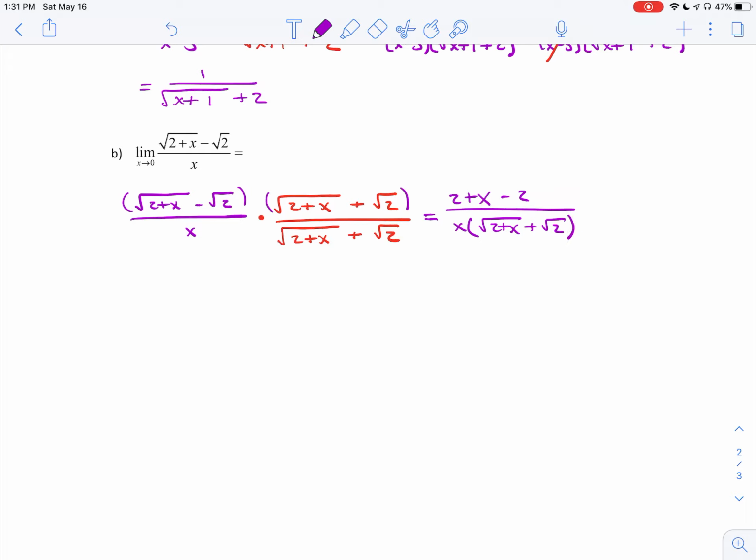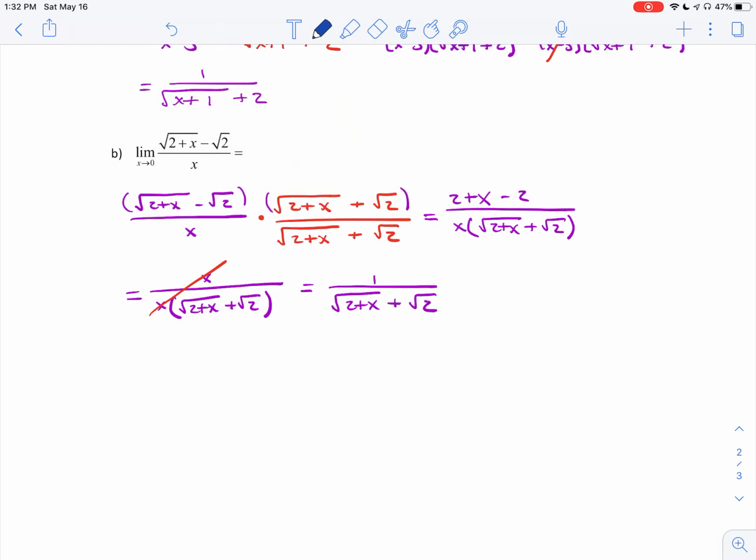All right, so this is going to simplify down to x divided by x times that conjugate. Of course, you'll see that the x's on top and bottom just cancel out, and we're left with 1 divided by the square root of 2 plus x plus the square root of 2.